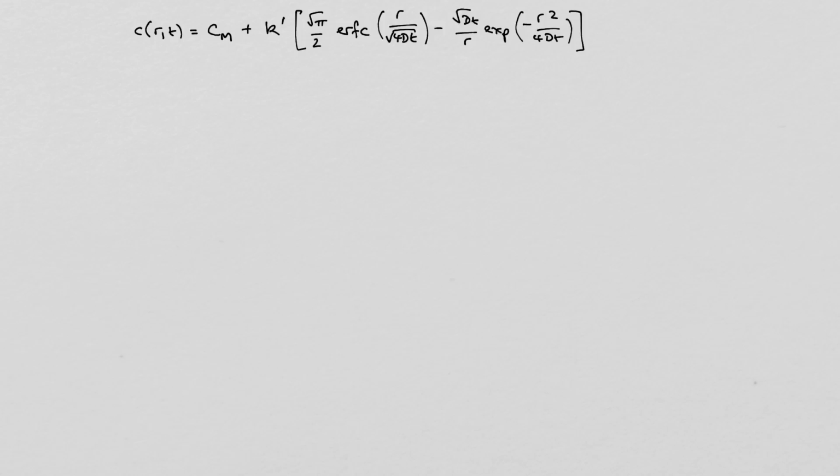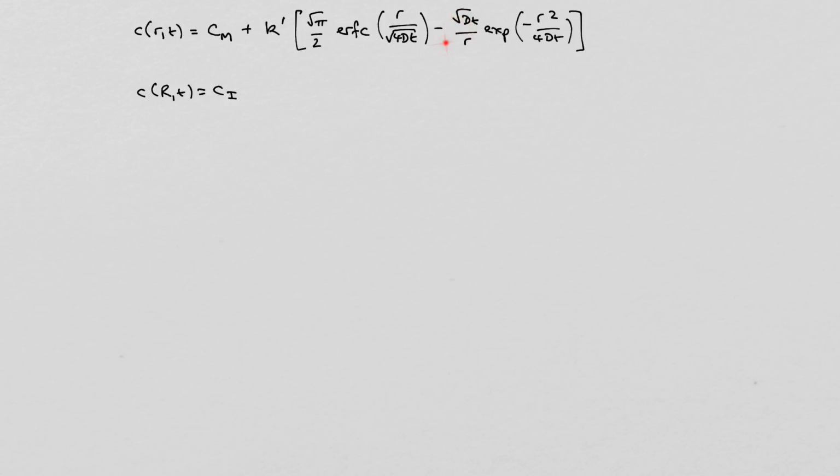The next thing was to say we want C of big R and t to be the interface concentration. In other words, if I put little r equal to big R in here, then I want it to be a constant in time, and everywhere in here, of course, you always get the combination r over root 4Dt.